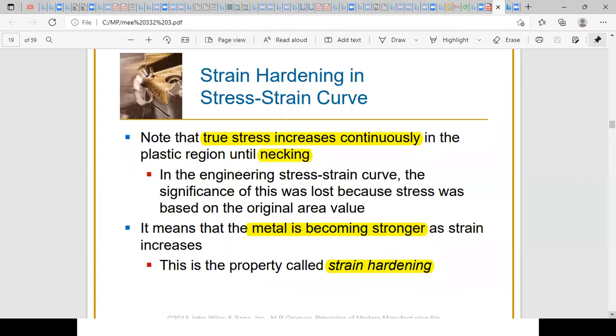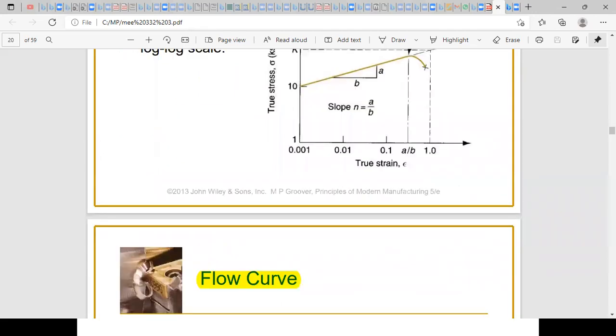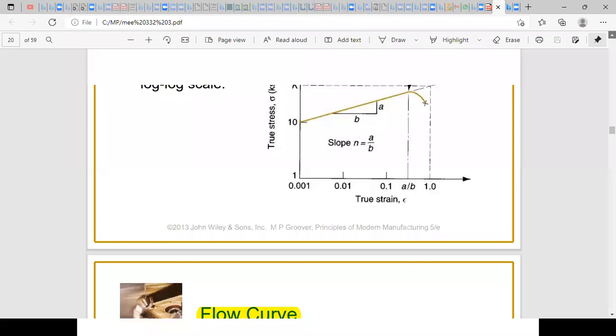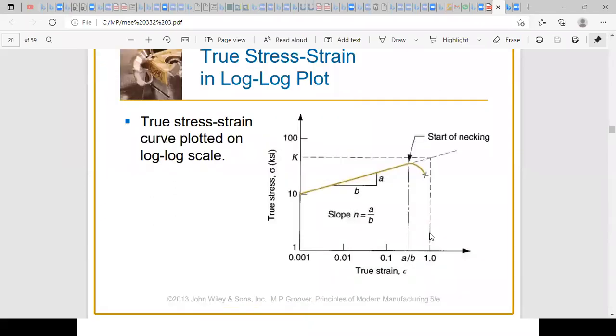Now, if we want to use the graph of log representation, we can also, in a simple way, get K and n. On this axis you have log of sigma, and on this axis you have log of epsilon.